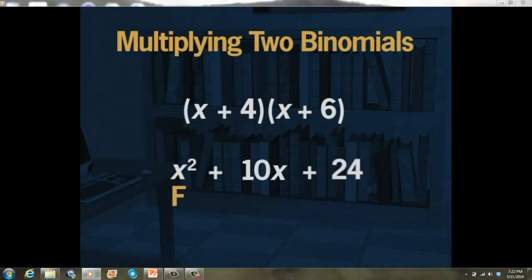So, the first term in the trinomial is the product of the first terms in the binomial factors. The last term in the trinomial is the product of the last terms in the binomial factors. And the middle term in the trinomial is the sum of the outer and inner products.